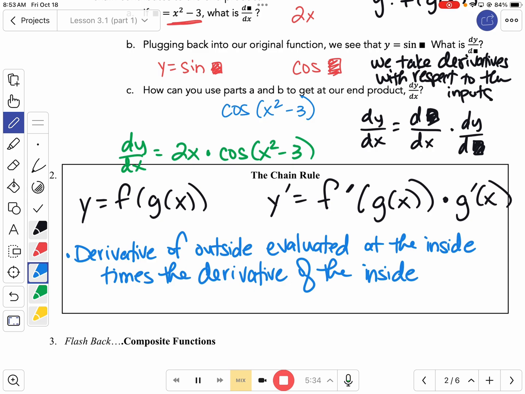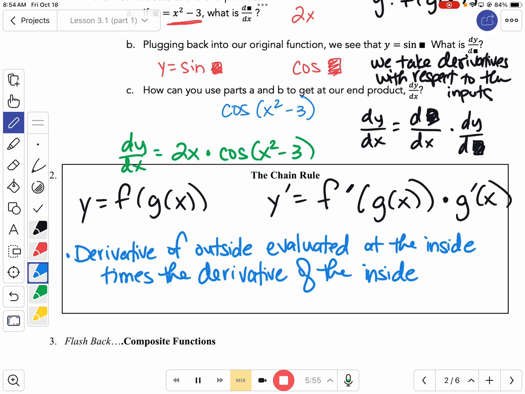Okay. So let's take a quick flashback, because one of the things that we're going to struggle with is recognizing when I need the chain rule. So recognizing a composite function, recognizing what is the outside function, what is the inside. Remember when we did all that work with decomposing functions, finding the outside, finding the inside?